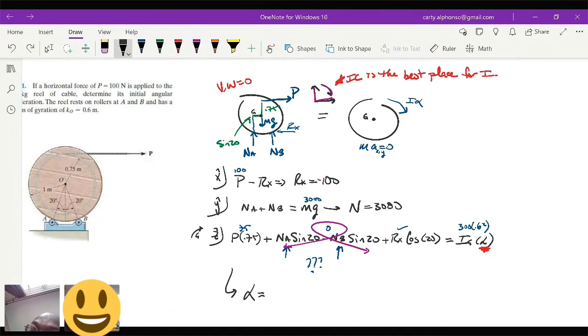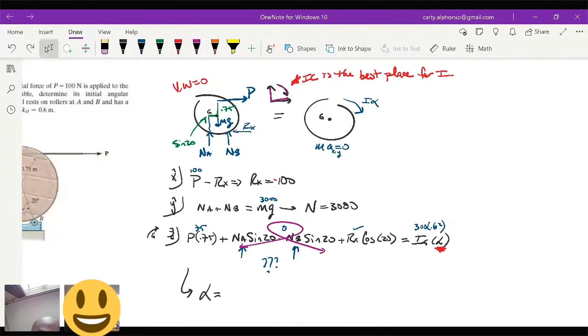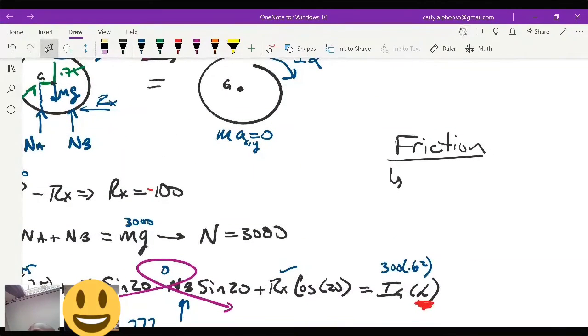When I alpha is the unknown variable and you have a motion to it, then you're going to use the static friction value if it's rolling, no slip.